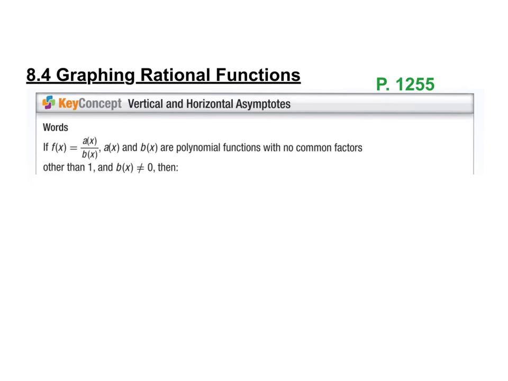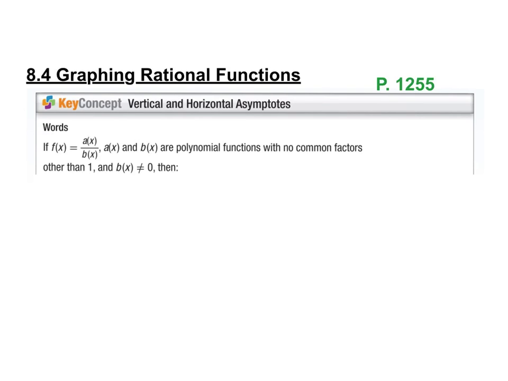We're talking about this function f of x, or g of x, or h of x, or whatever it's called. The numerator is now a polynomial, and the denominator is also a polynomial. So a of x represents a polynomial, b of x represents a polynomial. The reason it says no common factors is that we're making sure our polynomials on top and bottom have already been reduced when possible.